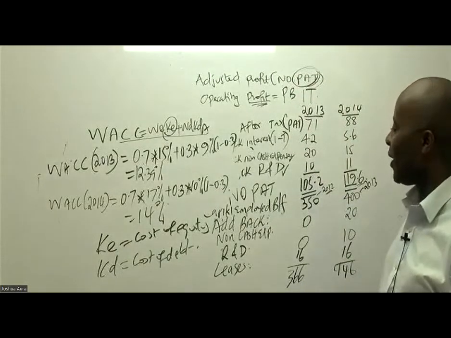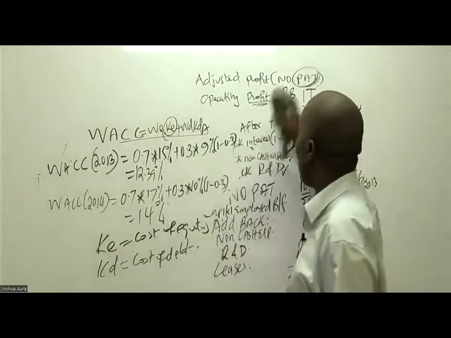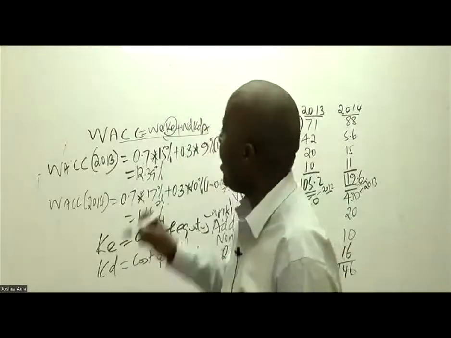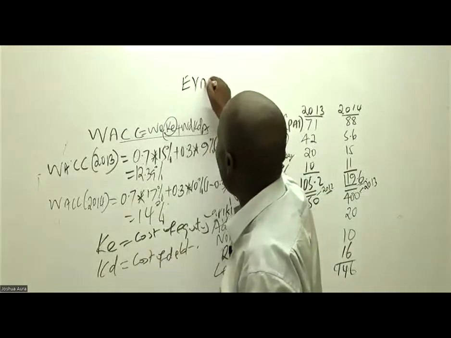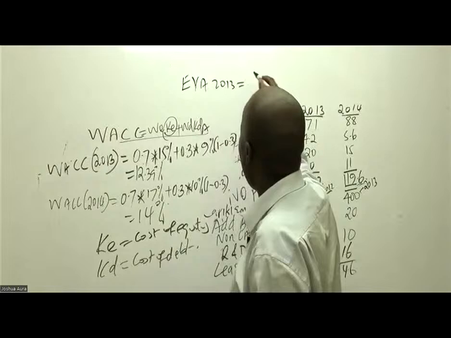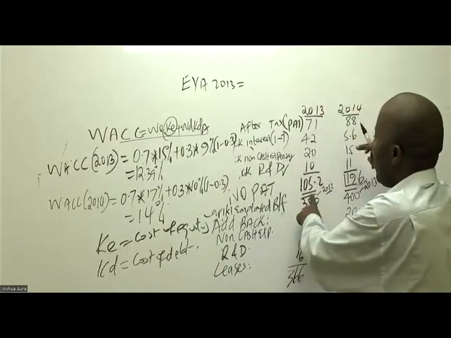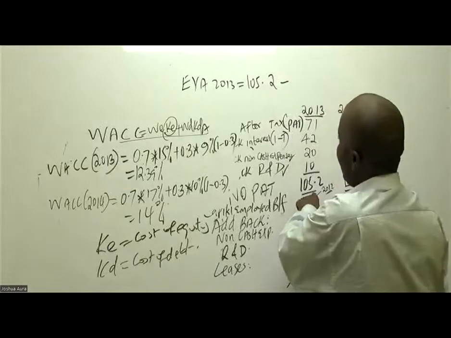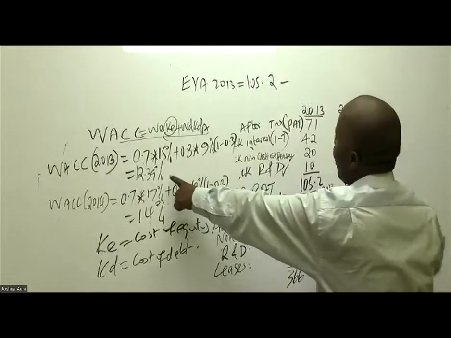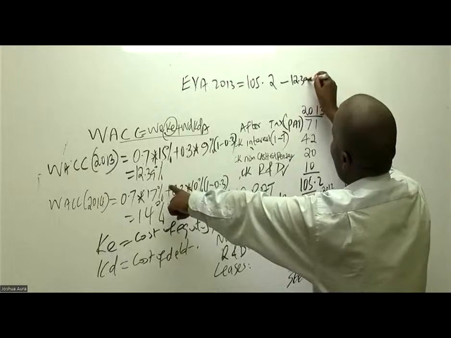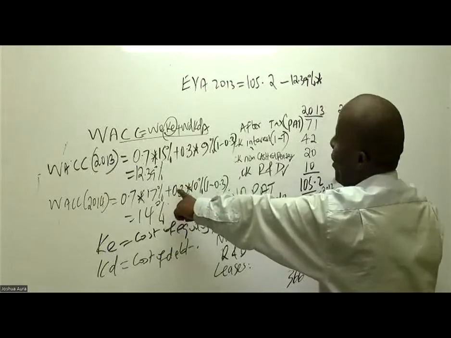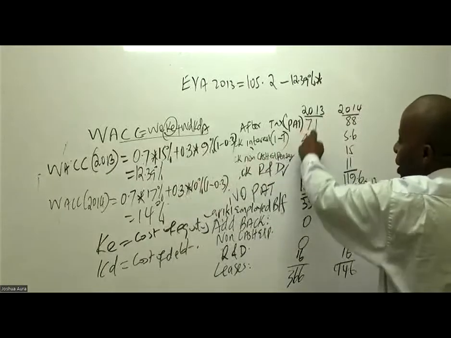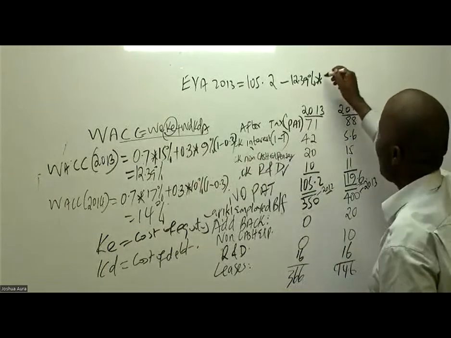Now, ladies and gentlemen, after that we should be able to get what we call EVA. So EVA for 2013: the NOPAT for 2013 is given here. It is 105.2 minus WACC of 2013, which is 12.39%, multiplied by the capital employed in 2013, which is 316.